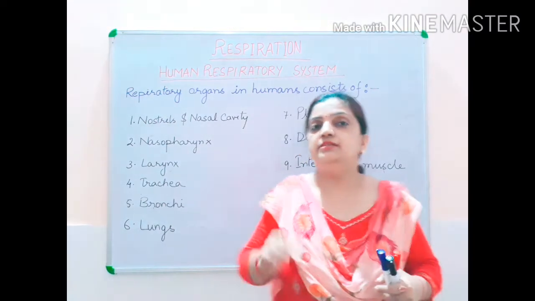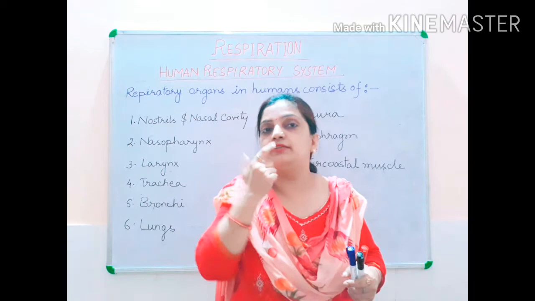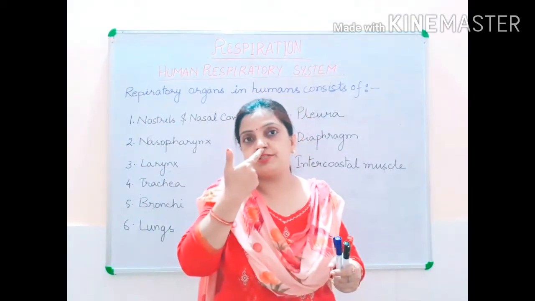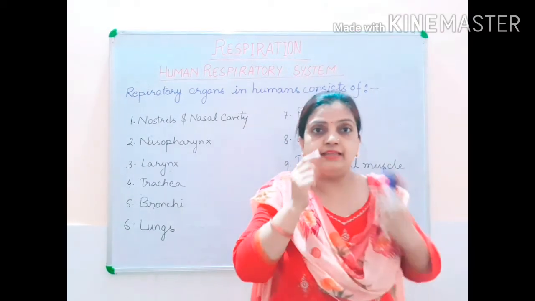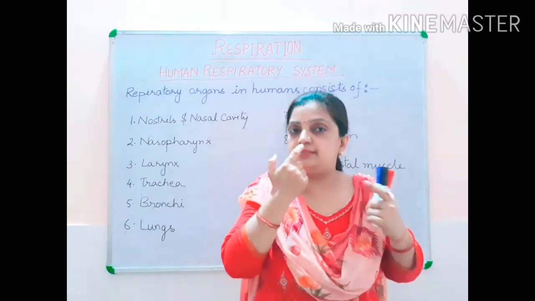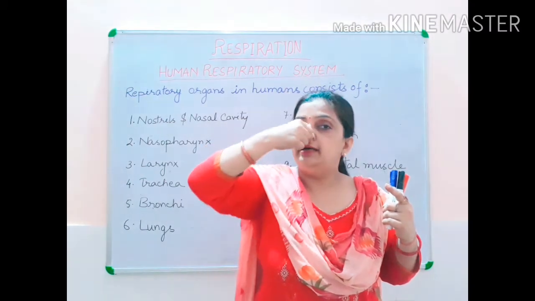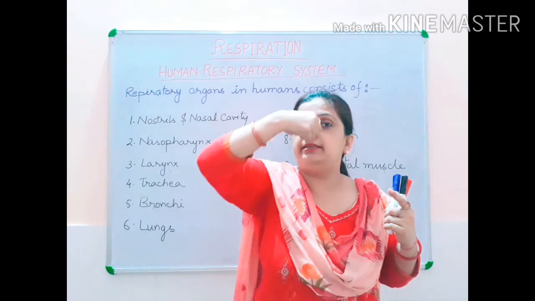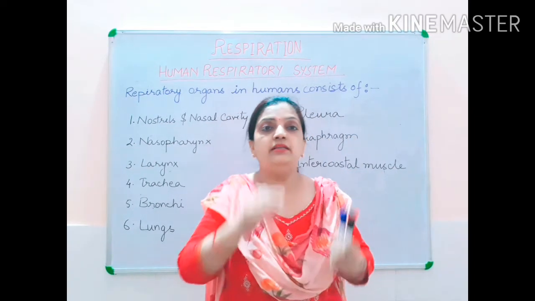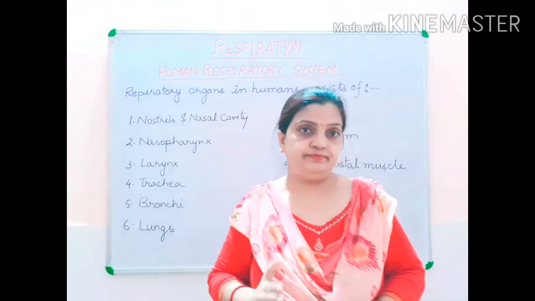Now children, these 2 nostrils have a partition. By touching you can feel that there is a separation, a partition in between. That is why we have 2 openings in the nose. This partition starts from here and ends at the nasopharynx. The complete nose has this partition. This partition present in between is called the nasal septum.